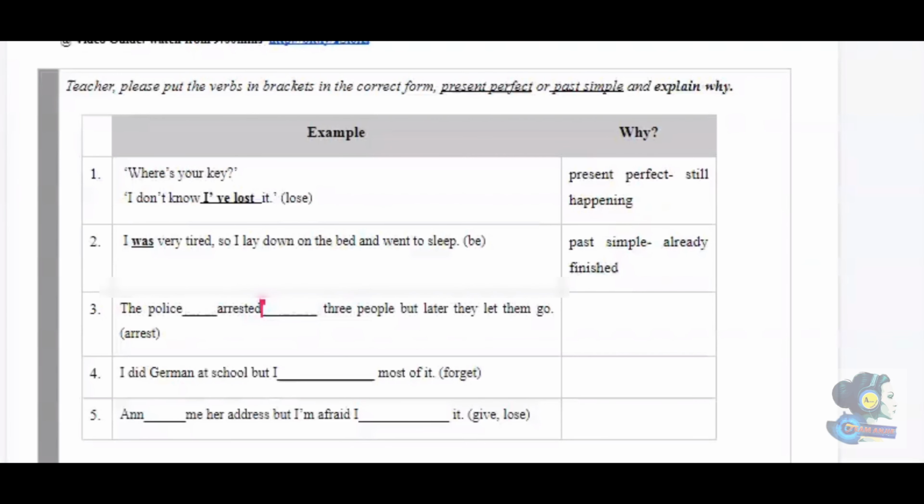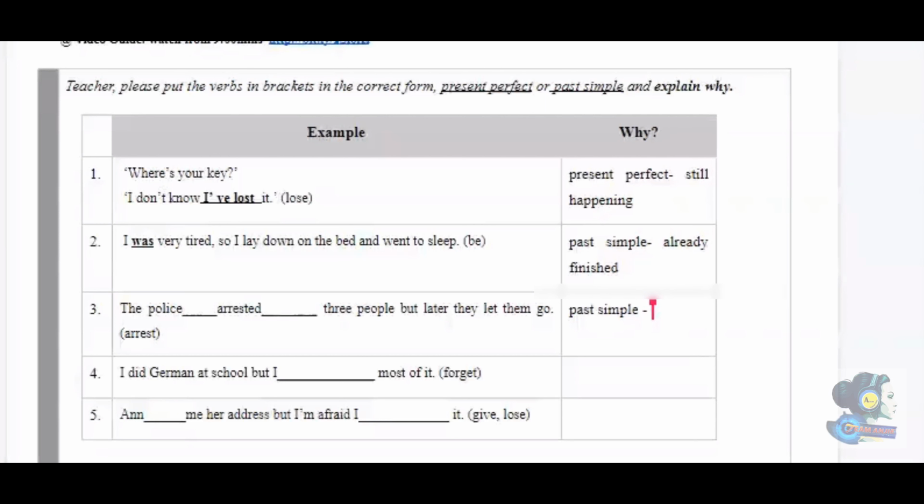Number three, can you read the sentence? Thank you. Now, look at the correct form of the verb here. Is it present perfect or past simple? Sorry, but this one is in past simple, because just like what we do with verbs in past simple tenses, we add ed at the end.